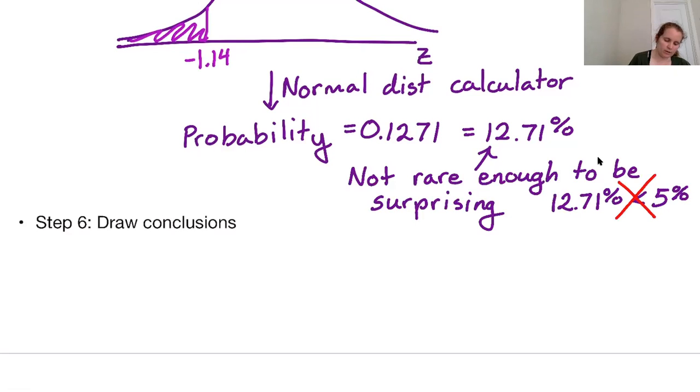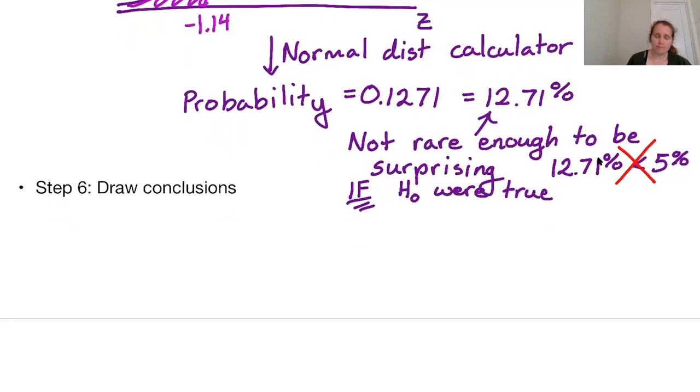So when we draw our conclusions in this case, we did not have something surprising if the null hypothesis were true. So this is not rare enough to be surprising if the null hypothesis were true, which means we don't have strong evidence against the null hypothesis.